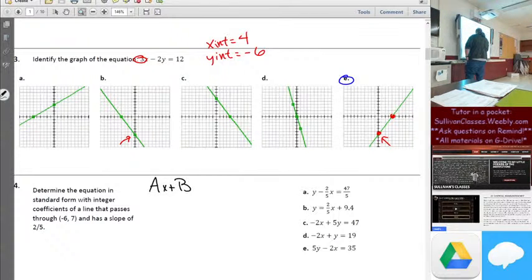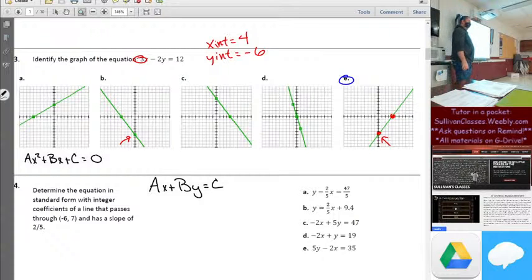Ax plus By equals C. Just like standard form for a quadratic was Ax squared plus Bx plus C equals 0. Standard form of a thing means all the junk over here equals constant. Variables here, constants there, with integer coefficients, of a line that passes through here and has a slope of this.